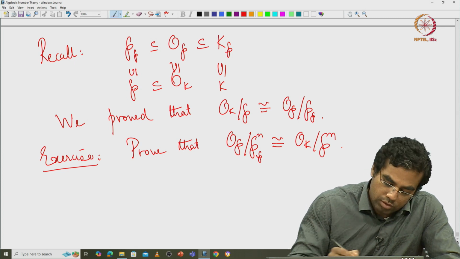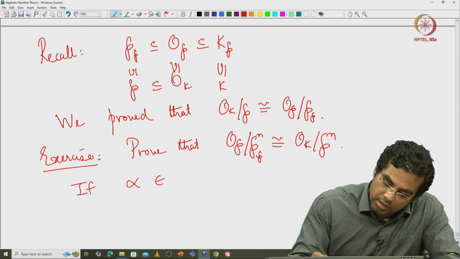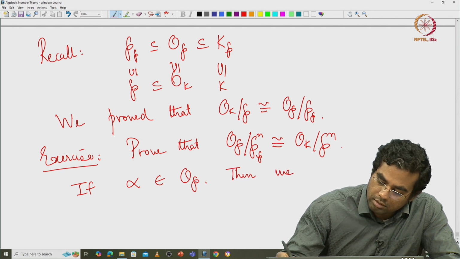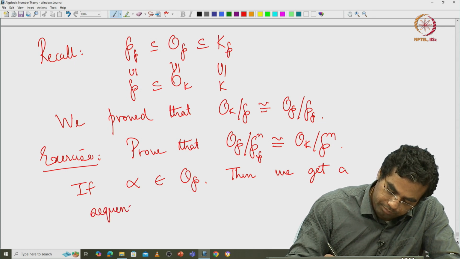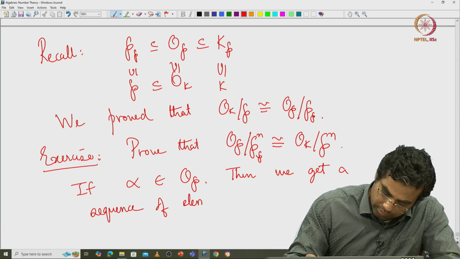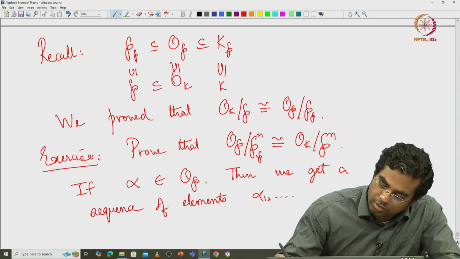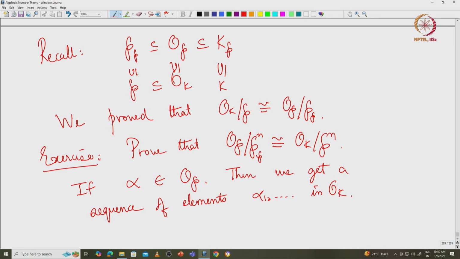Okay, so if alpha is an element of O sub P, then we get a sequence of elements alpha 1 and so on in K, in O_K, satisfying the following.